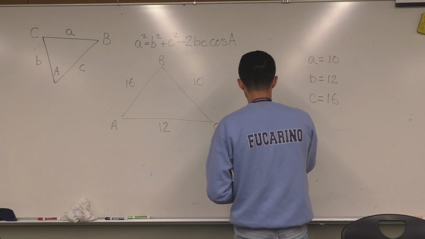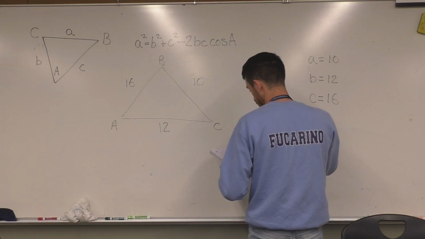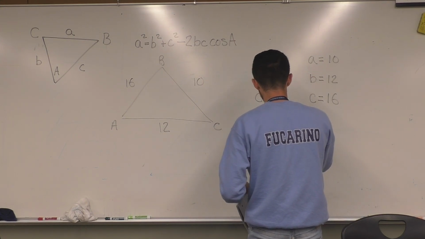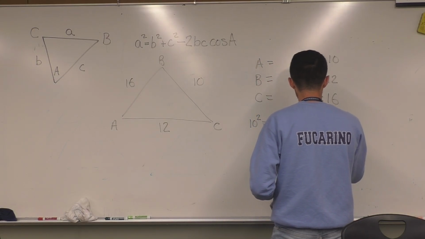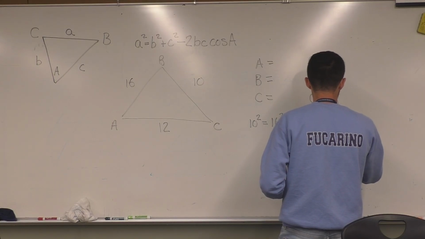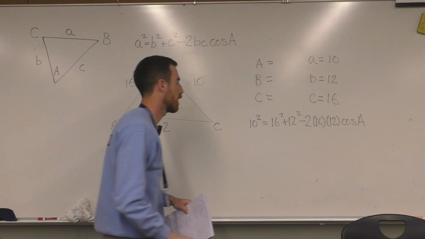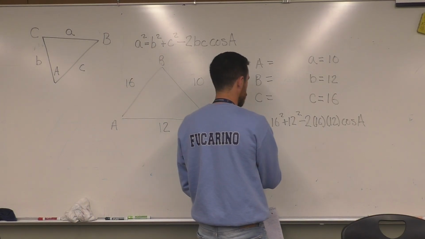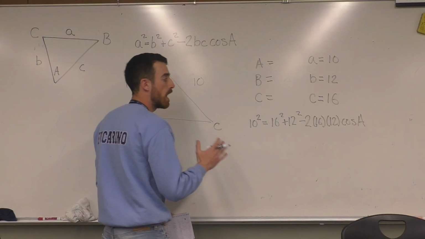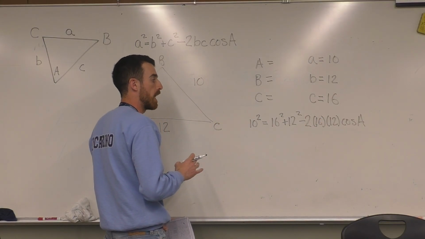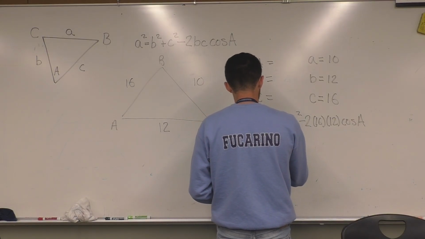So 10 squared, which is the side opposite, that is a squared, is equal to 16 squared plus 12 squared minus 2 times 16 times 12 times the cosine of A. Like I said, I just match this side up with this angle, and as long as I have the lengths of the other two sides, then I have an equation that I can solve to isolate A.